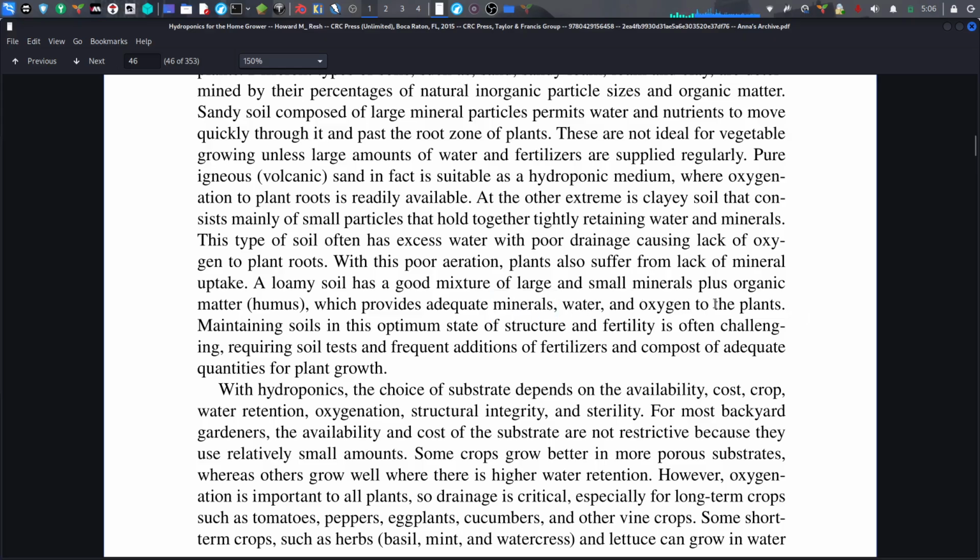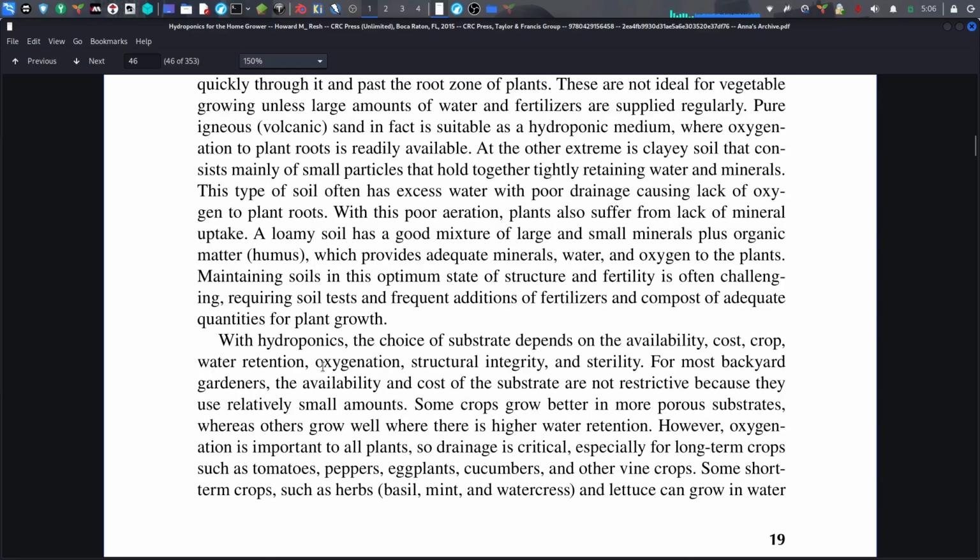Maintaining soils in this optimum state of structure and fertility is often challenging, requiring soil tests and frequent additions of fertilizers and compost of adequate quantities for plant growth.